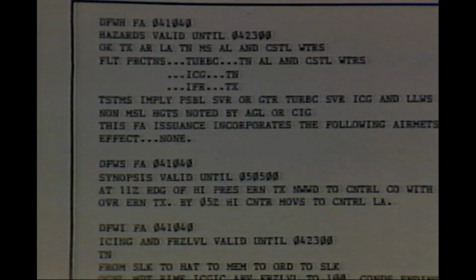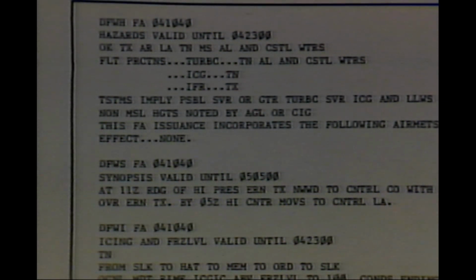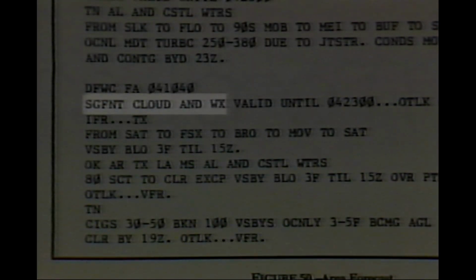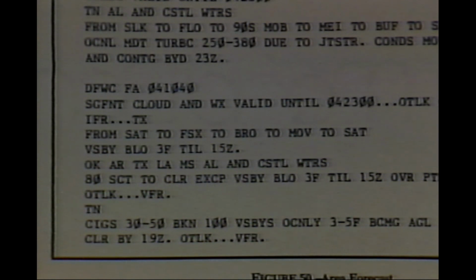The flight precautions section lists IFR conditions, icing, turbulence, mountain obscurations, and thunderstorms. The significant clouds and weather section gives a summary of clouds and weather significant to flight.